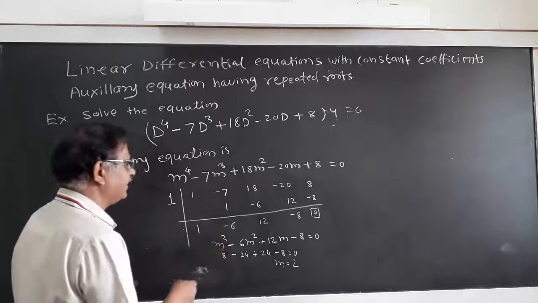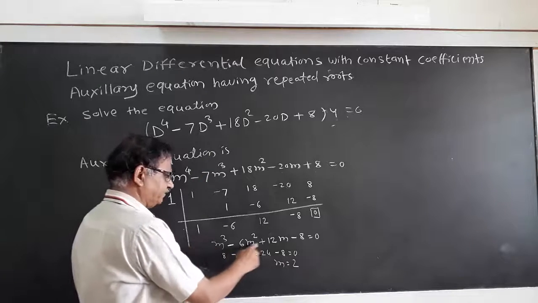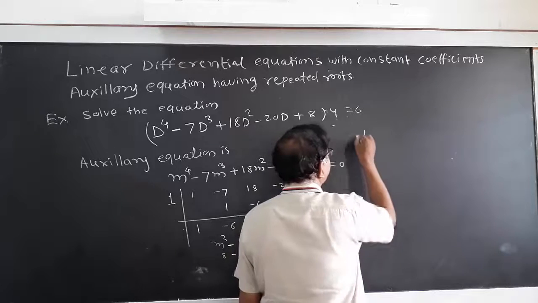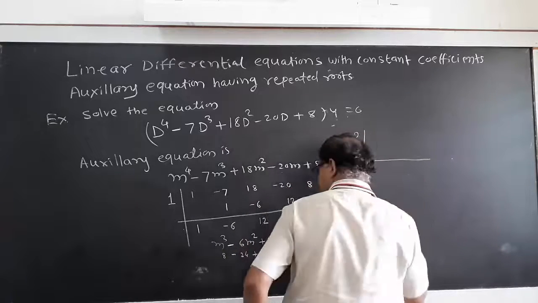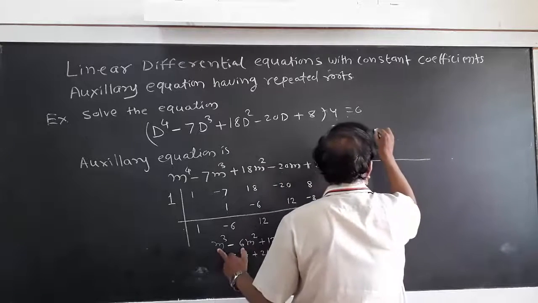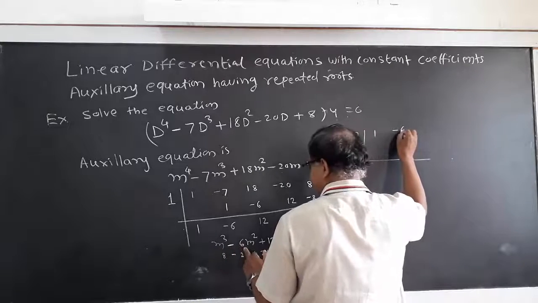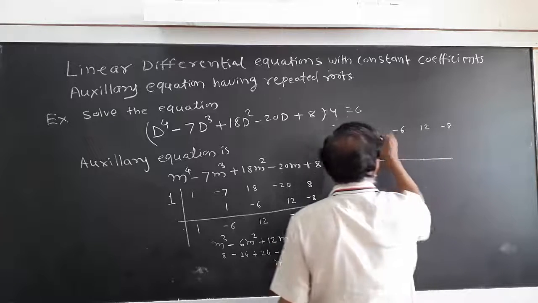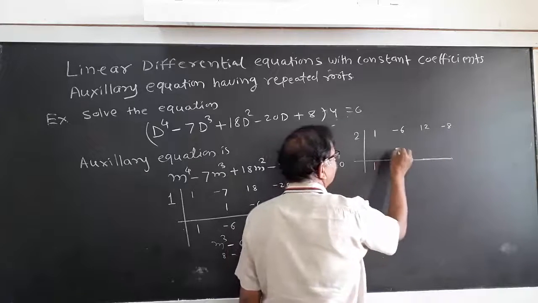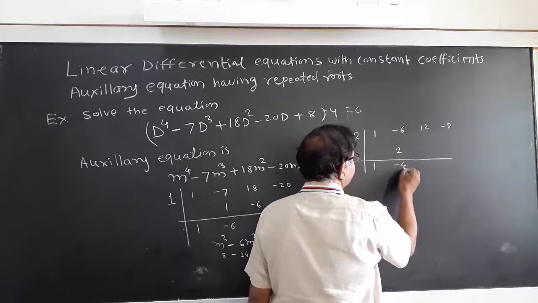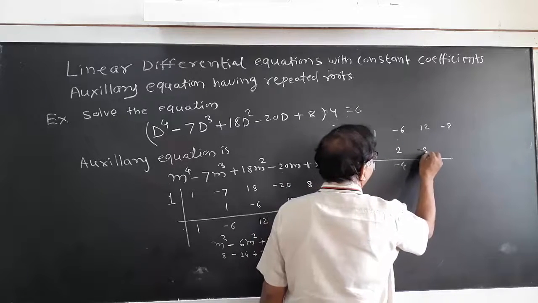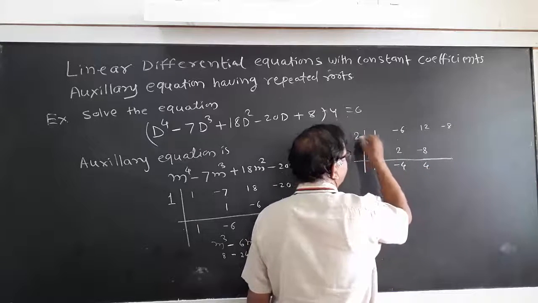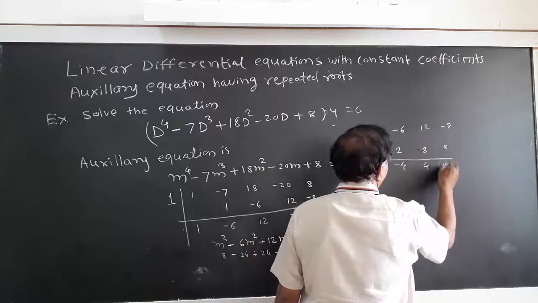Again we shall divide this polynomial synthetically by m equal to 2, or m minus 2. Therefore 2 is here. We shall write all the coefficients: 1, minus 6, 12, minus 8. 1 is as it is. 1 into 2, 2, 2 and minus 6, minus 4, minus 4 into 2, minus 8, minus 8 and 12, 4, and 4 into 2, 8, 8 minus 8 equal to 0.